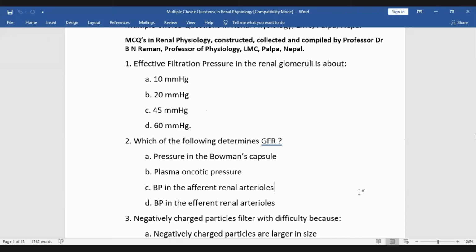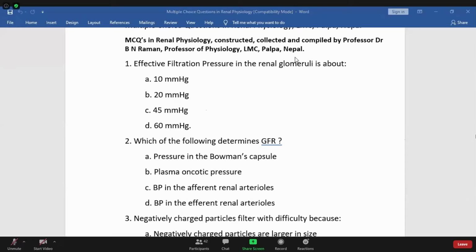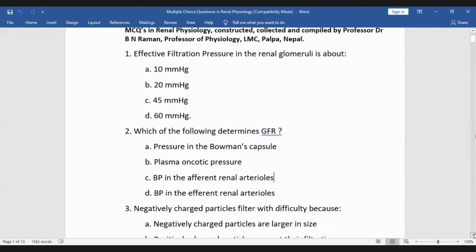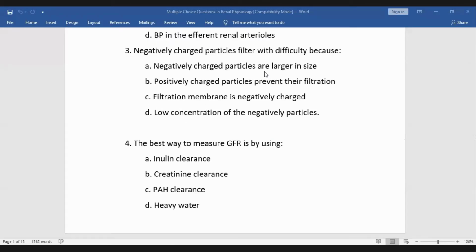Then comes the question: why are negatively charged particles filtered with difficulty? One possible answer is that they are large particles in size. Could be, but it is a little different.